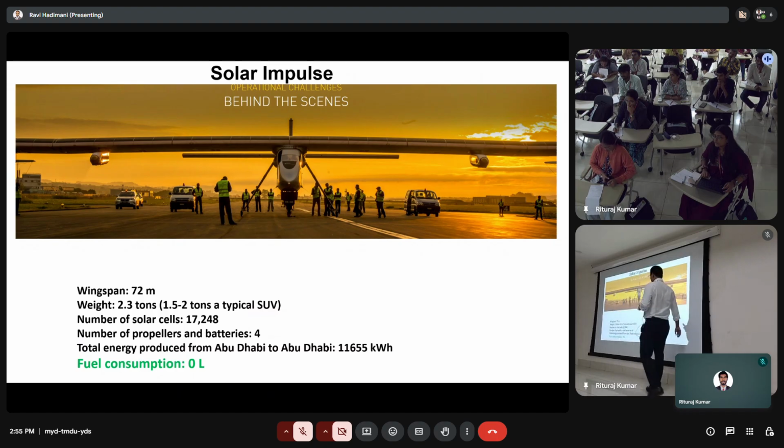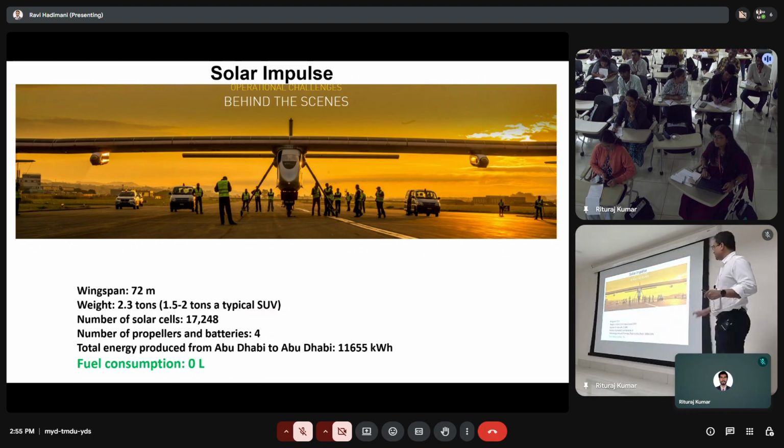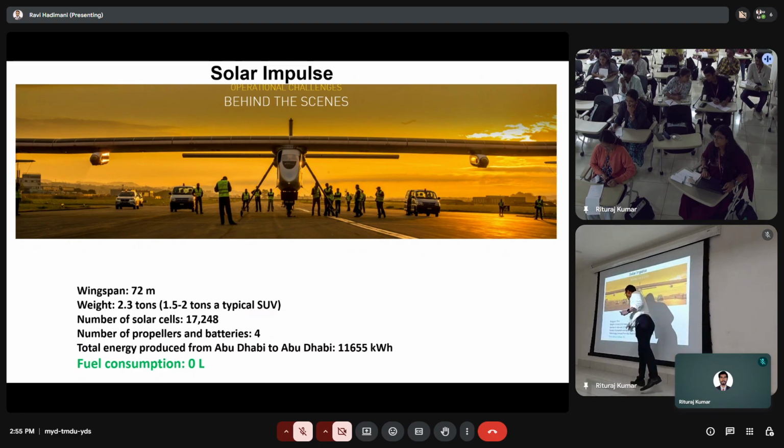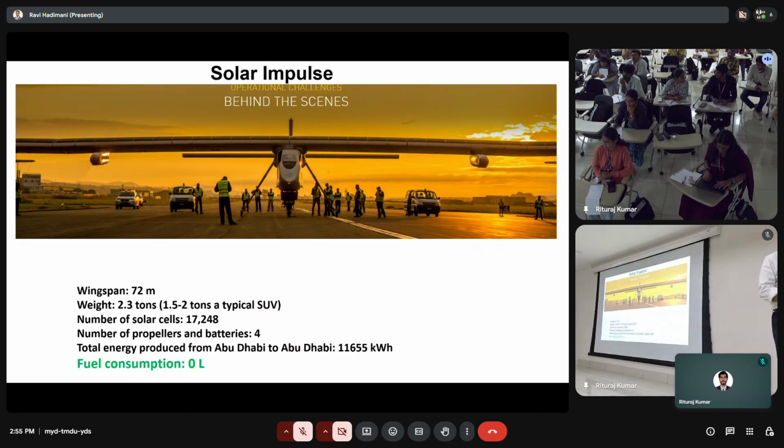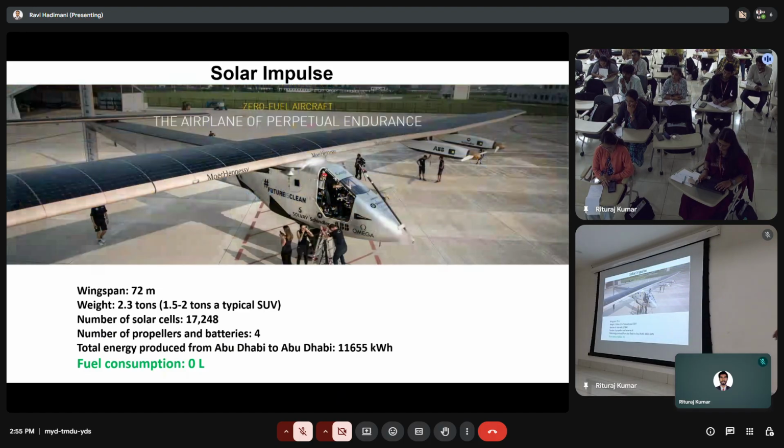And the number of solar cells was 17,248. That doesn't mean anything. If they gave the wattage, it would make sense. The number of propellers and batteries is 4. So the total energy produced from Abu Dhabi to Abu Dhabi is 11,655 kilowatt hour. So fuel consumed is 3. This was a big milestone. An aircraft went around the earth without using any fuel.